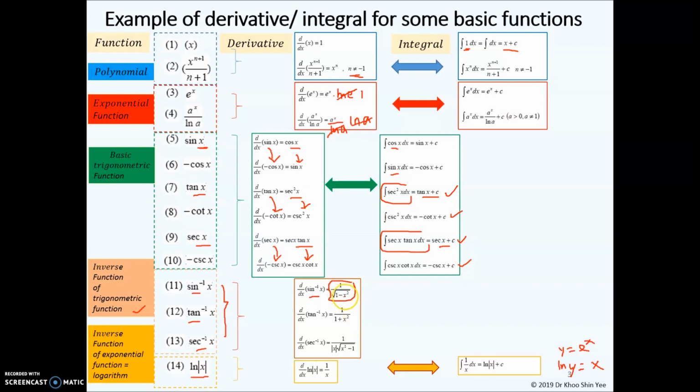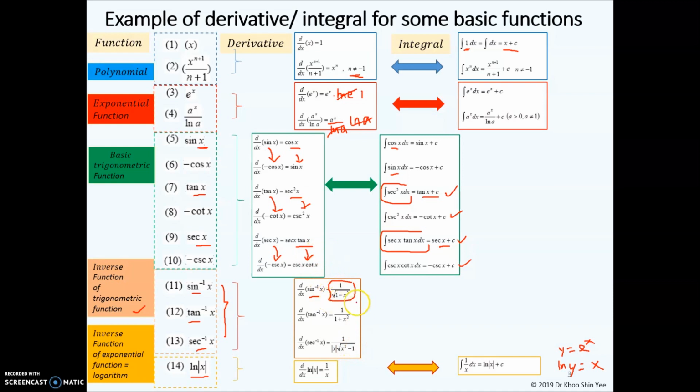You can see there's a 1 minus x squared polynomial function in the square root. If you differentiate arctangent x, you will get 1 over 1 plus x squared. If you differentiate arcsecant x, it equals 1 over x multiplied by the square root of x squared minus 1.